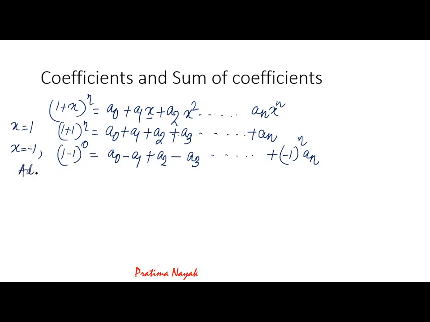Now if I add them, I'll get twice a0. These two will be cancelled. Again, I'll get twice a2 because a1 will be cancelled. Next, a4, next, a6, up to a to the power n, depending on whether it is negative or positive.